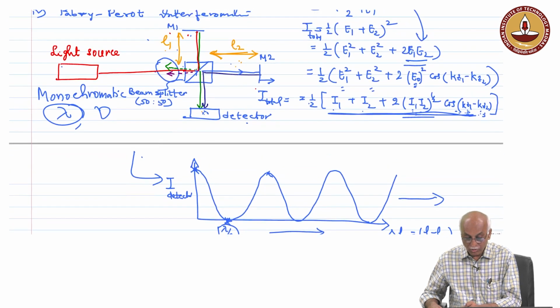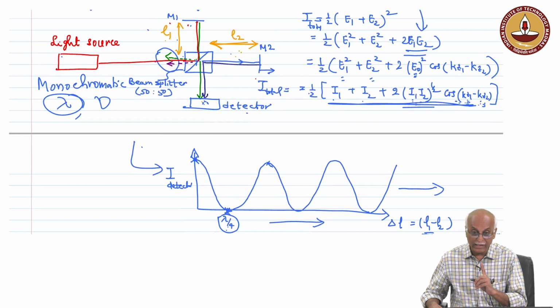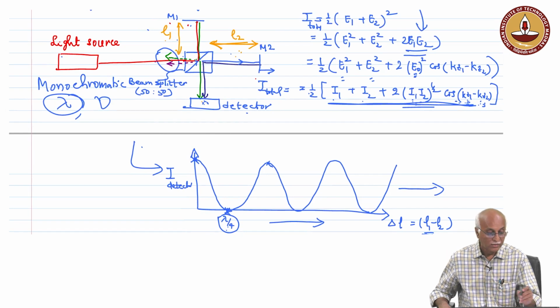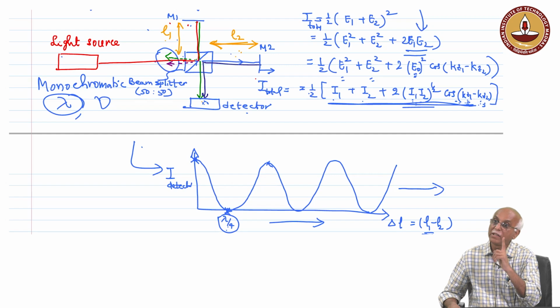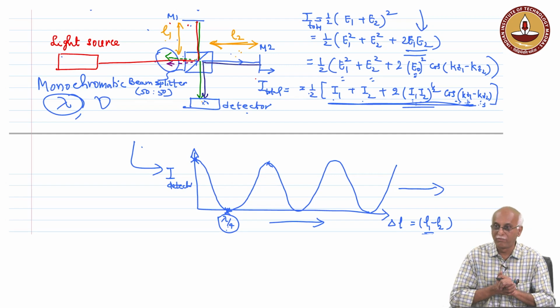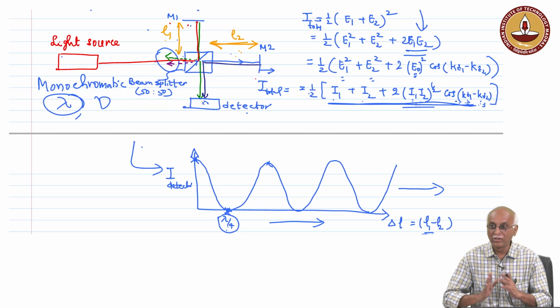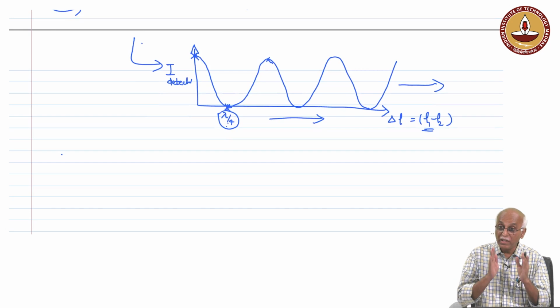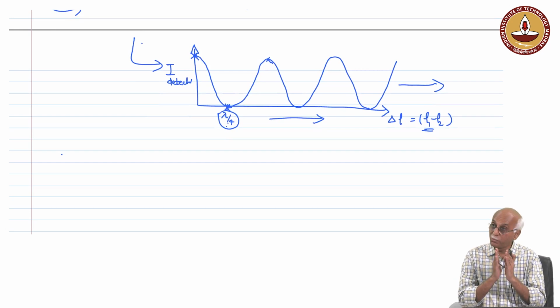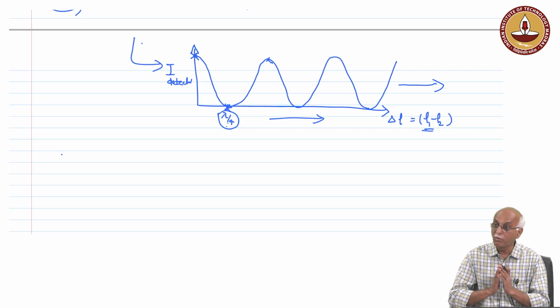But here you can see that our assumption is that the light source has a single monochromatic wave frequency, a single wavelength. It is very much theoretical. Generally any light source will have a certain spectral width. What is the meaning of spectral width?